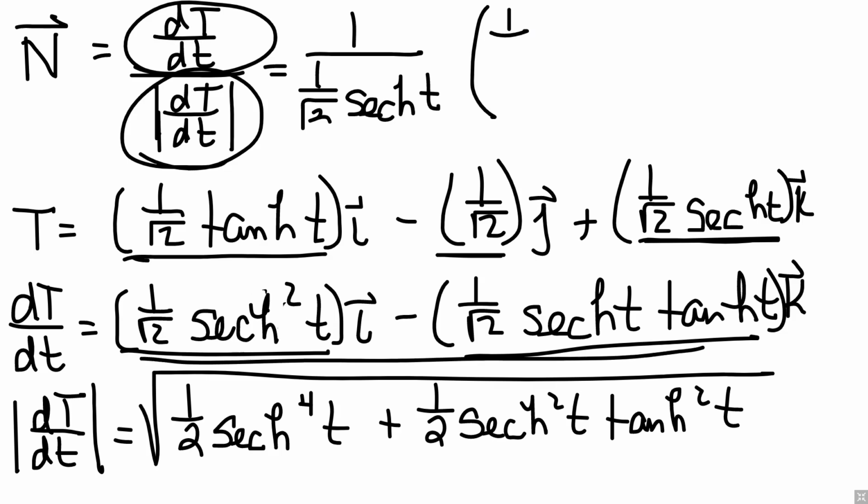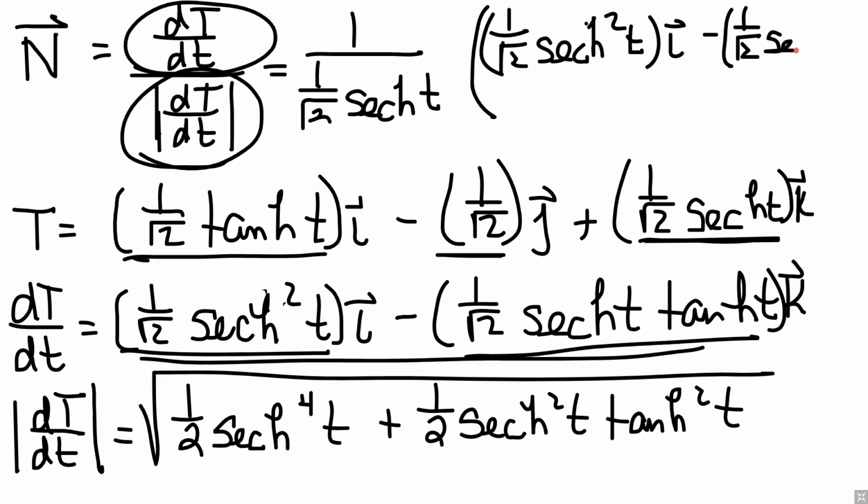So I've got 1 over the square root of 2 times secant hyperbolic squared of t in the i direction, then minus 1 over the square root of 2 times secant hyperbolic of t tangent hyperbolic of t in the k direction. Okay. And I'm just going to switch colors to do the simplified answer.